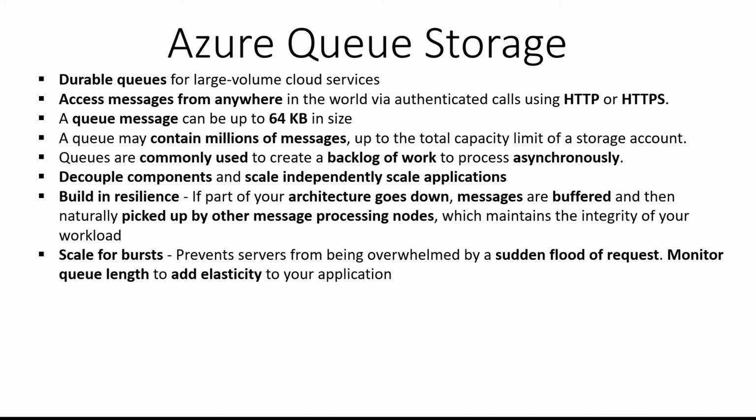That's where elasticity comes in. Even this queue storage is elastic: it can scale based on the queue length and the rate at which it receives the messages. And if required, it can scale up to accept more capacity of messages.